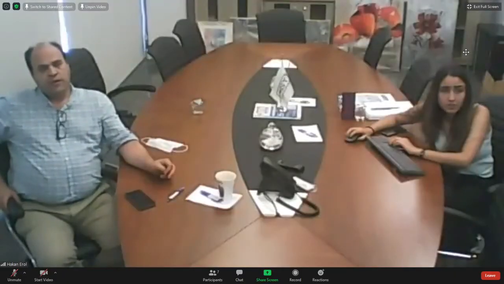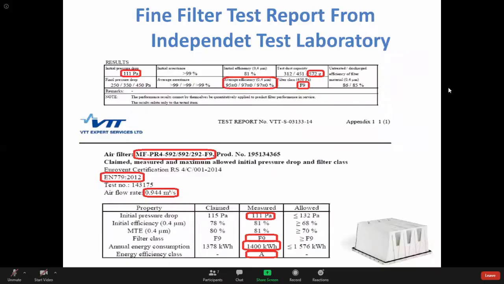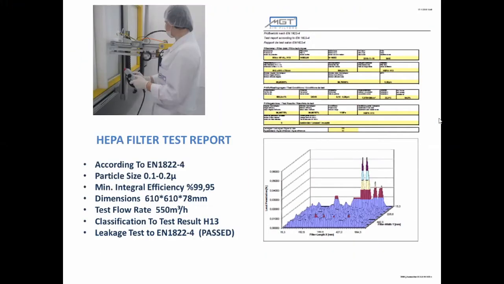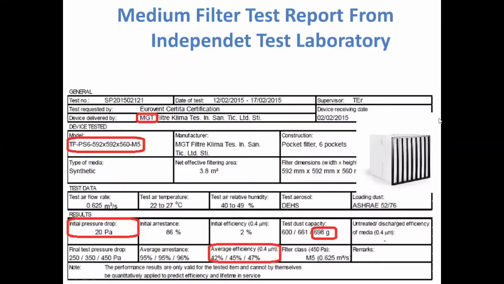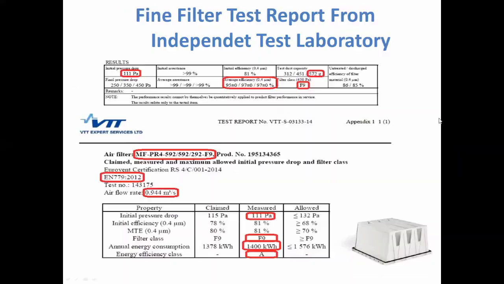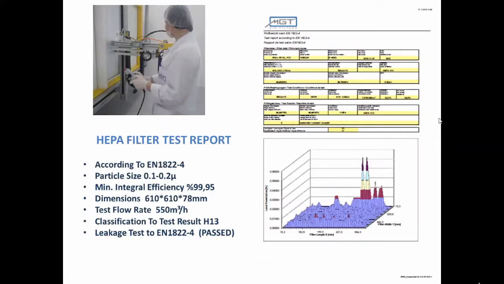As you see, the particle sizes for the HEPA filter start with 0.1 and 0.2, and also 0.3 micron. Integral efficiency, sorry, I think we have a problem with the Zoom application. It is just moving by mistake.